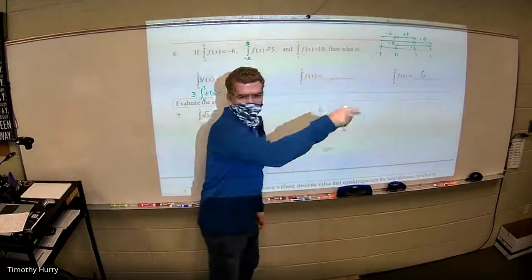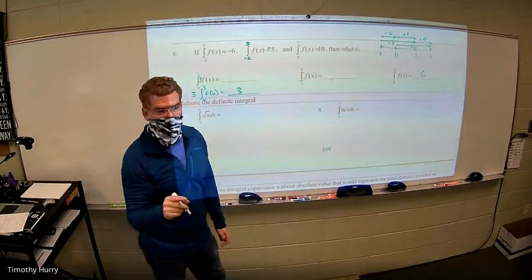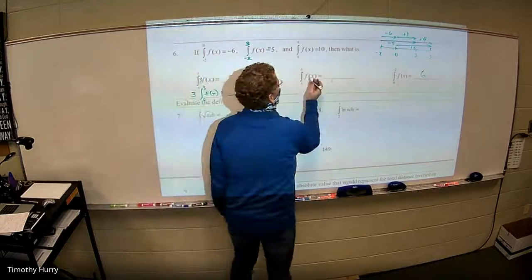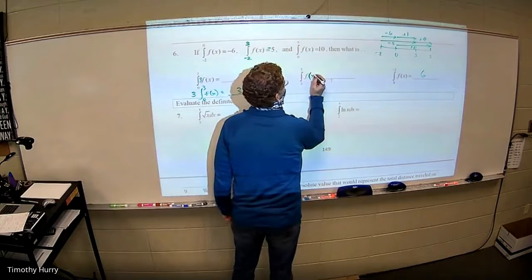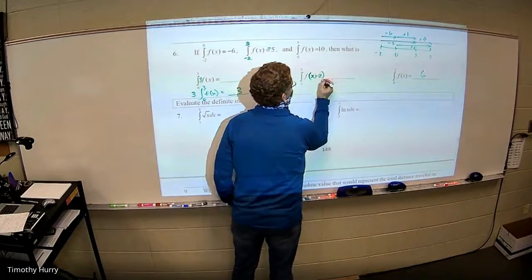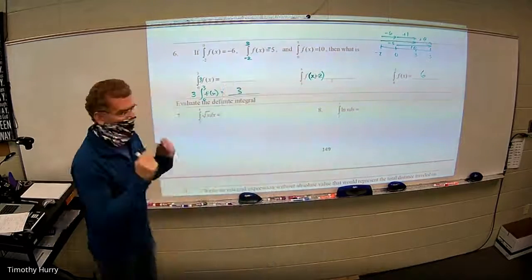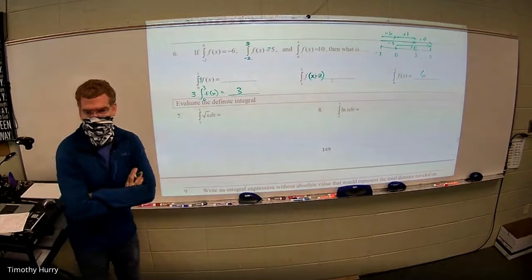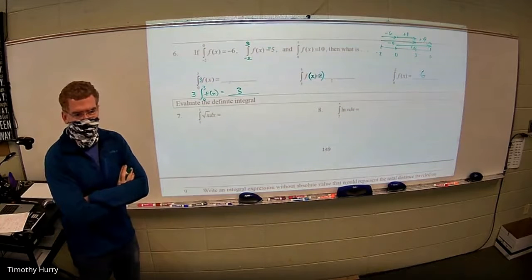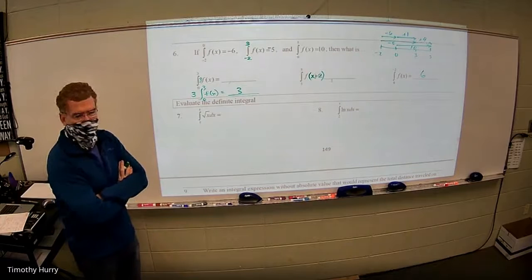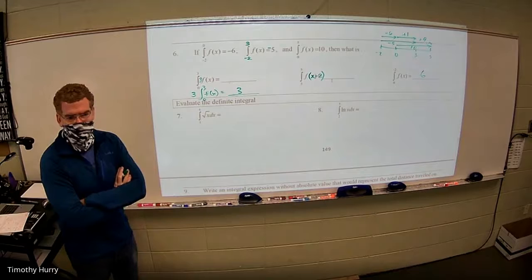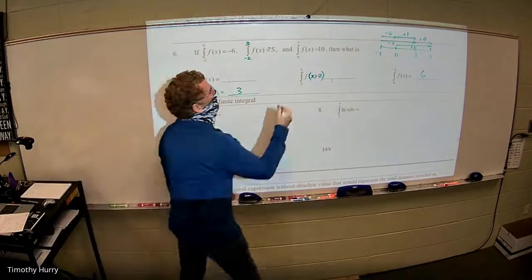Okay, now, here's a curveball. And I don't know that you have all the information to answer, but I want to see if you can translate. If I did give you something like this, I would give you the information. What if I said f of x minus 2? Can you undo that x minus 2? Think like this.